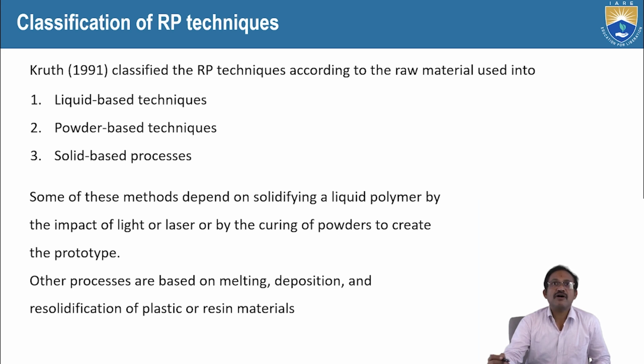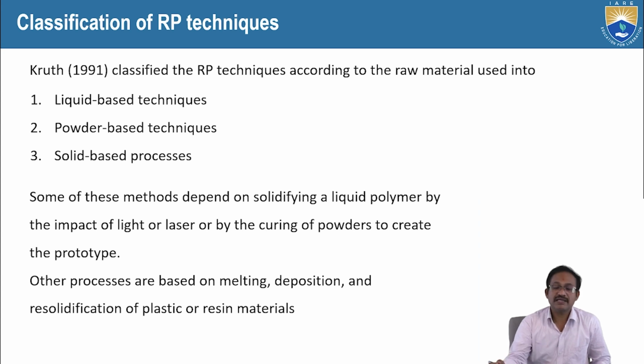Some of these methods depend on solidifying a liquid polymer by the impact of light or laser, or by the curing of powders to create the prototype. Other processes are based on melting, deposition and resolidification of plastic or resin materials.